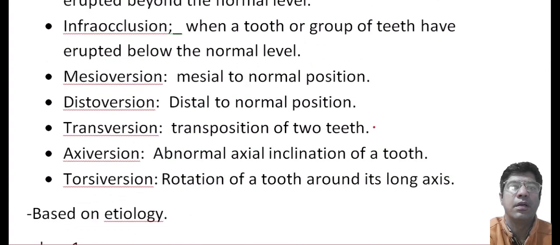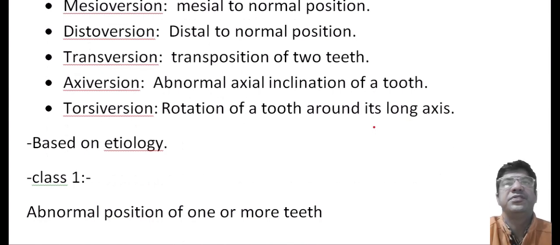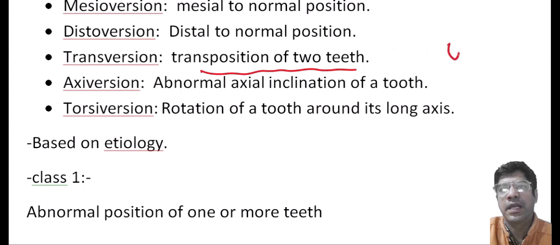Mesioversion when they are placed mesial to the normal position. Distoversion, distal to the normal position. Transversion when there is transposition of teeth, like the canines and premolars. Suppose these are the canines and these are the premolars.